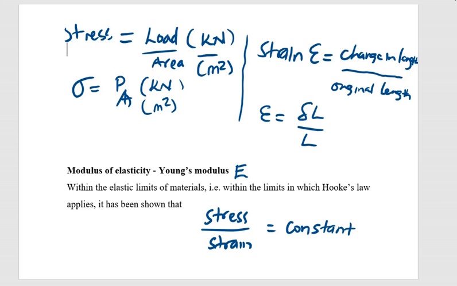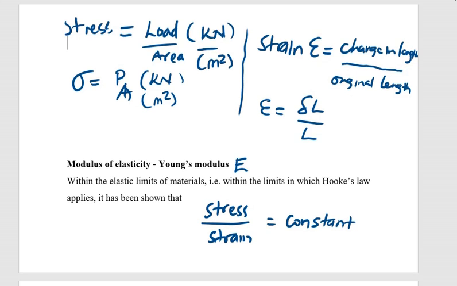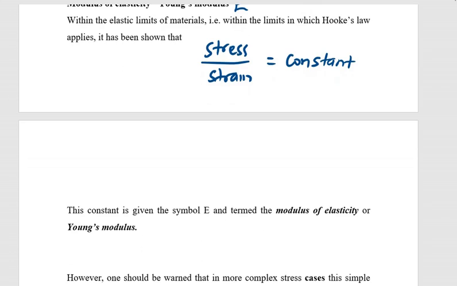Now, this constant, given by this symbol E, is actually termed as the modulus of elasticity, or what we can call Young's modulus. This is basically a constant, and each and every material has its own modulus of elasticity.